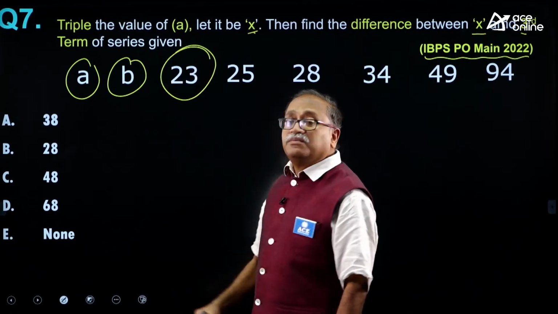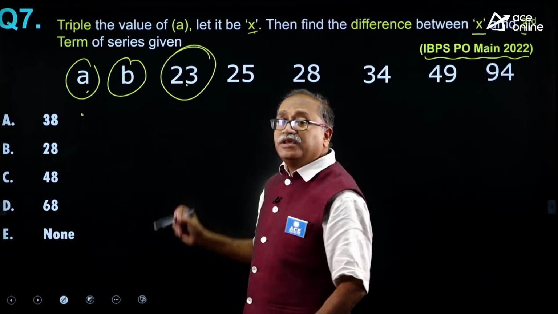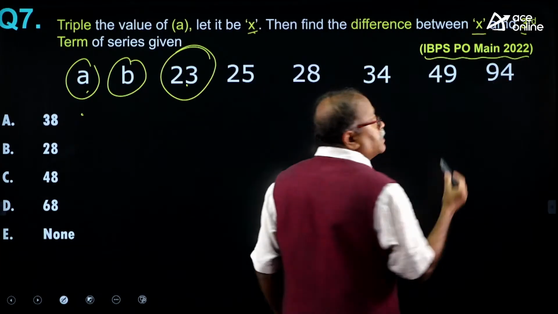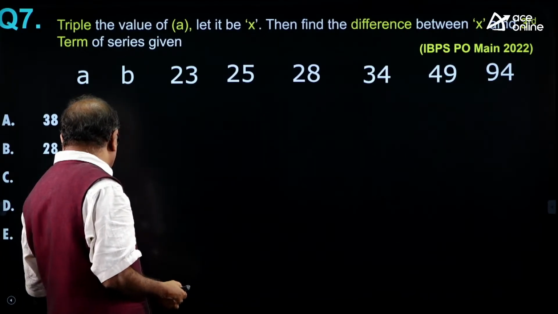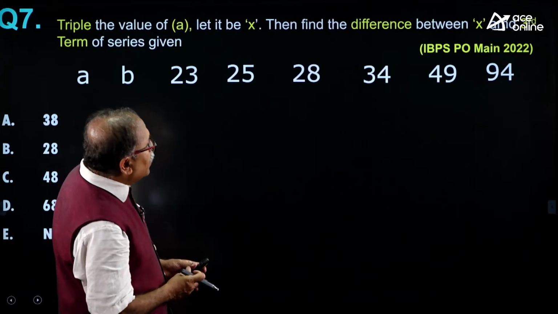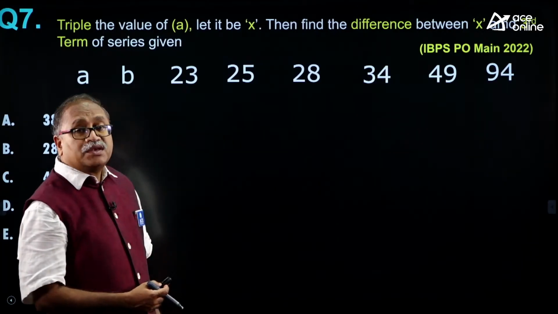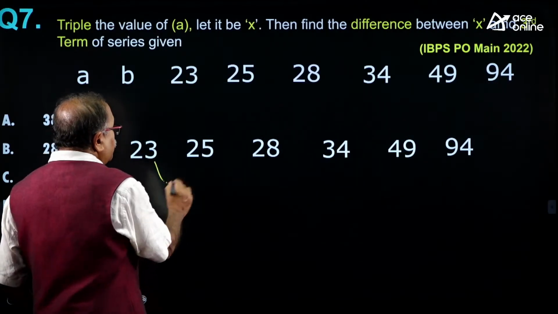What is the third term in the series? 23. So, 3 times A and 23, what is the difference? The question is given here in this exam, I did not prepare it on my own. Sometimes you get questions like this. How do we answer this question? Now, I understand that this is an addition based question. If I take a closer look at this one, what is the addition?